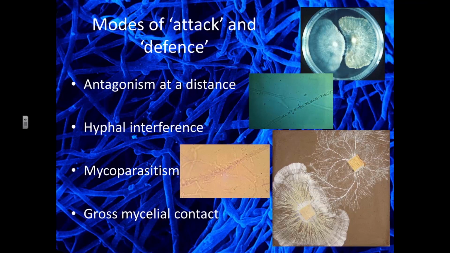There's hyphal interference, which is a sort of mycoparasitism. You can see that here. This is Phlebia gigantea, and this is Heterobasidion. Phlebia has touched Heterobasidion, and look at the state of the contents of that cell. That's been killed. And this is the basis of the biological control of Heterobasidion.